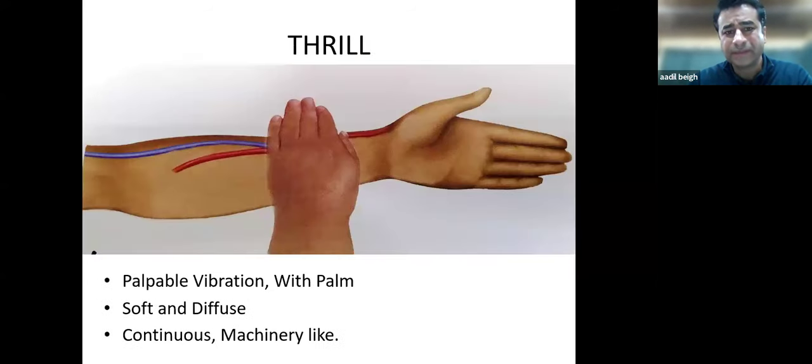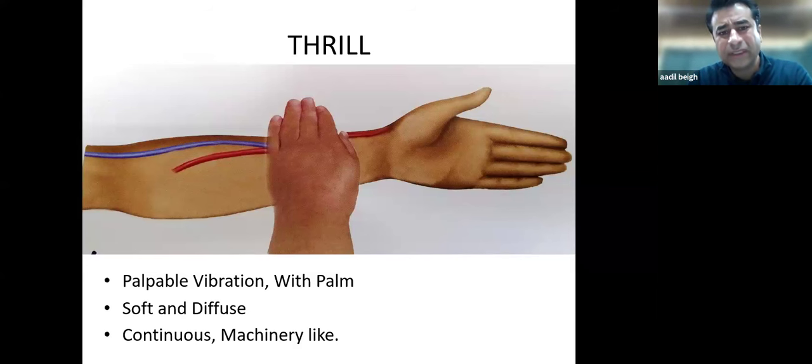If you feel the fistula with the palm, you can feel a vibration; the palpable vibration is a thrill. It is always soft and diffuse. You cannot feel that the thrill is coming from one particular segment.